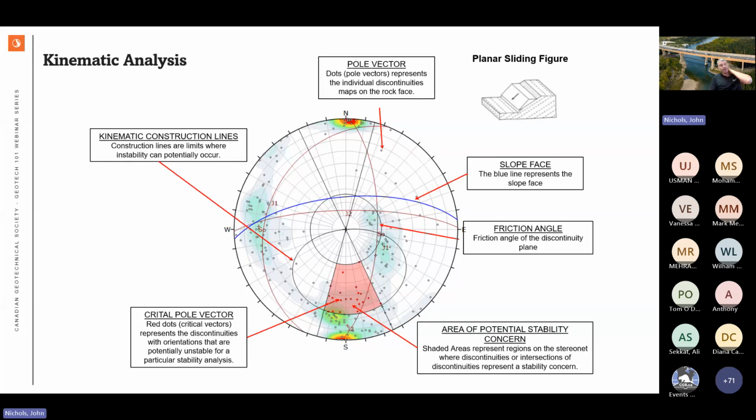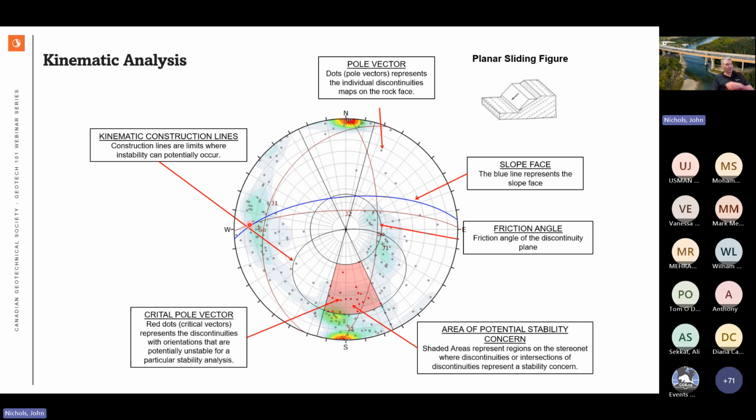Again, this is the stereographic projection, and you can see the kinematic construction lines are all these black ones here. The friction angle is here, because it's a sliding plane. It won't slide unless it overcomes that initial friction on the surface. For this scenario, you can see the joint sets are located at certain locations here. The concentrations are the coloring.